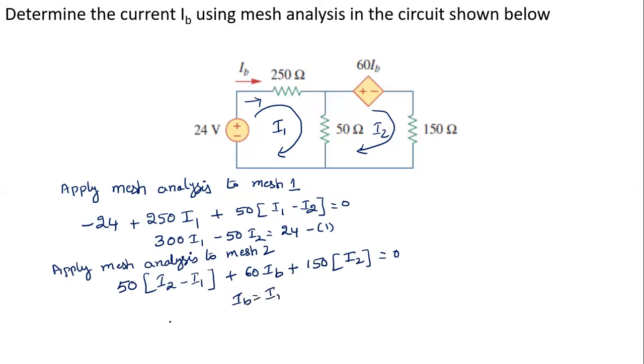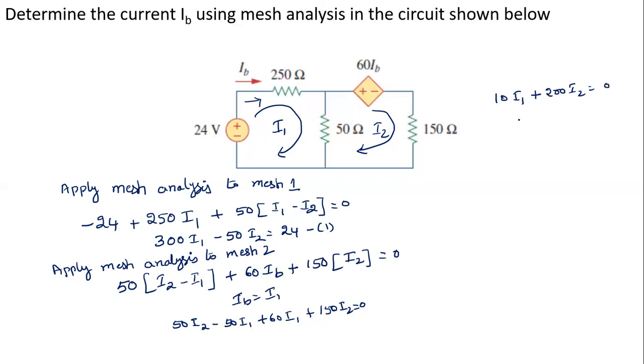So you get 50 I2 minus 50 I1 plus 60 I1 plus 150 I2 equals 0. Minus 50 plus 60 is 10 I1. Next, 50 I2 plus 150 I2 is 200 I2, equals 0.